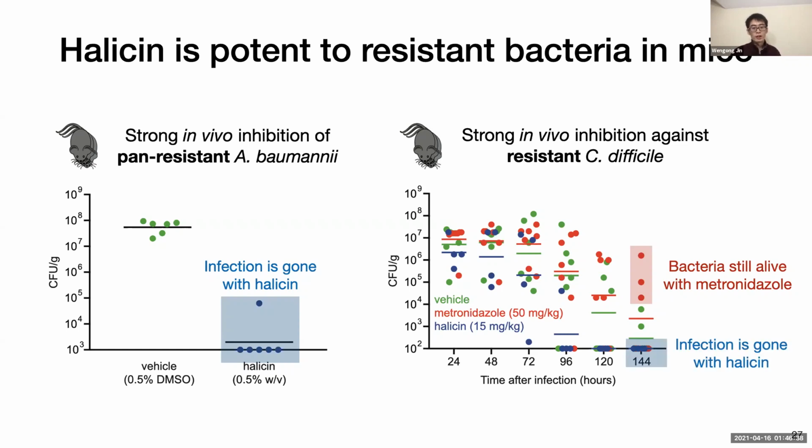And again, the infection is gone if you treat it with halicin. These numbers are all done in mice, so it's in vivo rather than just in cell-based assays. In a way, it is a much more realistic measurement than we typically have.